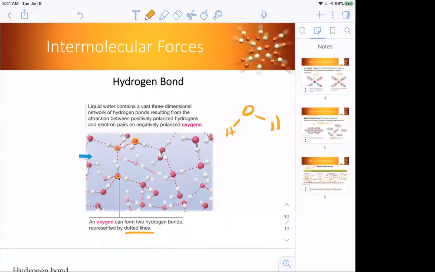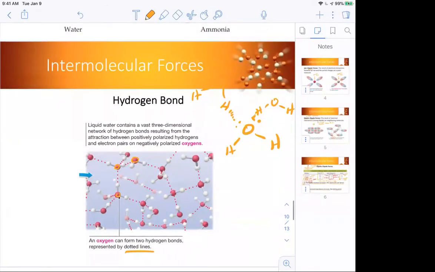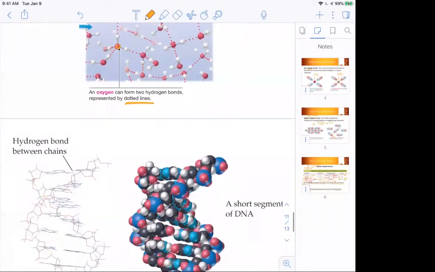If oxygen has those two lone pairs, a hydrogen from another water molecule can form that attraction. So this is the reason I form a hugely vast network of hydrogen bonds in water, which is why, relatively speaking, the boiling point of water is so high.